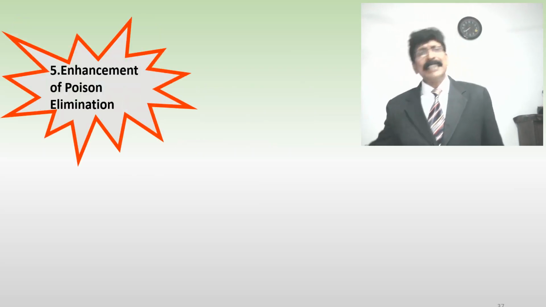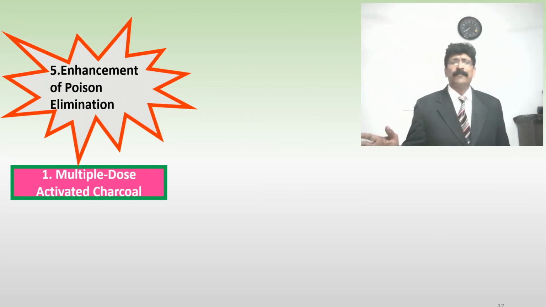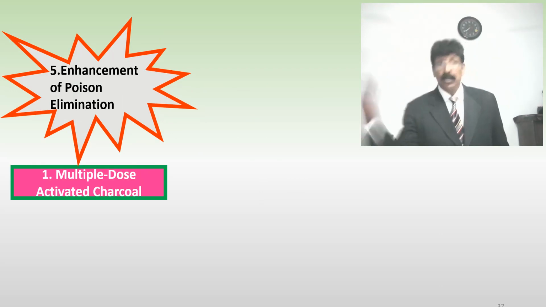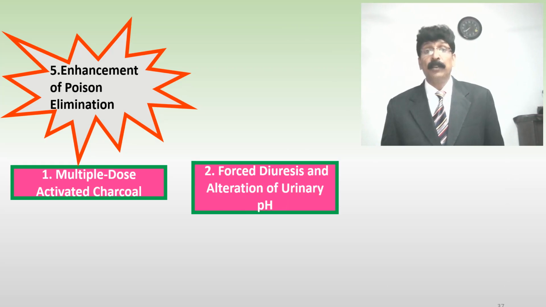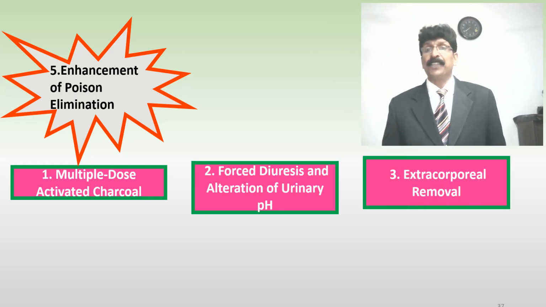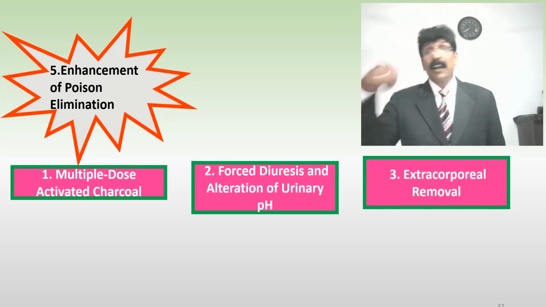Fifth one is enhancement of poison elimination. Multiple dose of activated charcoal, forced diuresis, alteration of urine pH, extracorporeal removal.